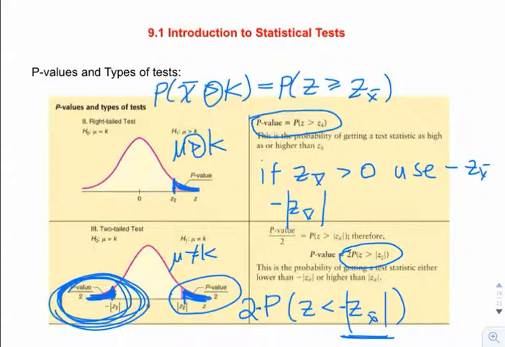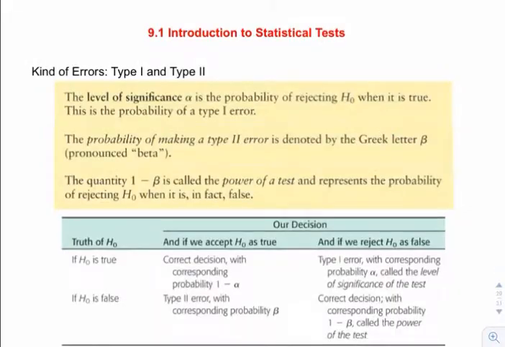So now let's look at some other terminology we have. There are two types of errors that we could make. So what are our two outcomes? Our two outcomes are to reject the null hypothesis, or if we don't do that, we fail to reject.